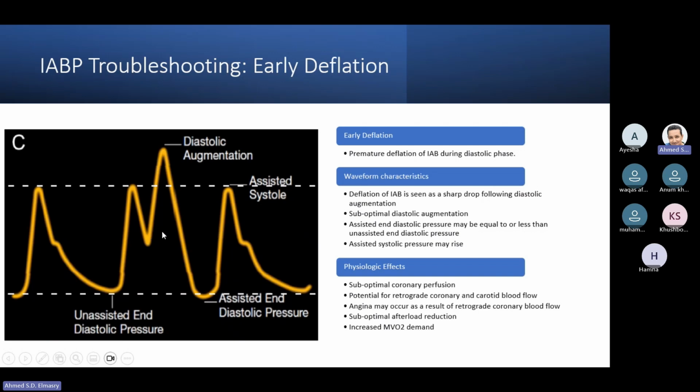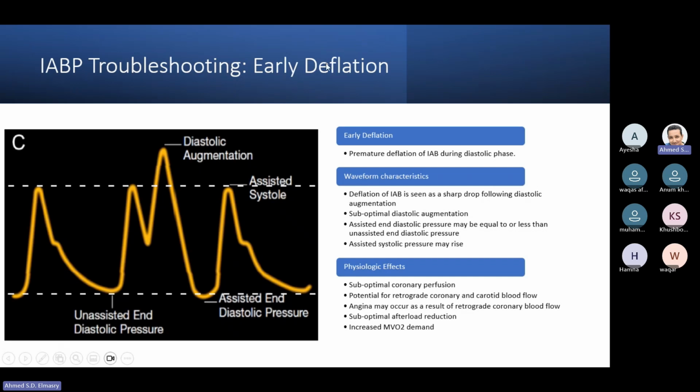But what happens if the deflation happens very early? The diastolic augmentation will be reduced, and the coronary blood flow also will be reduced. Like that, you are not maintaining the coronary perfusion properly.